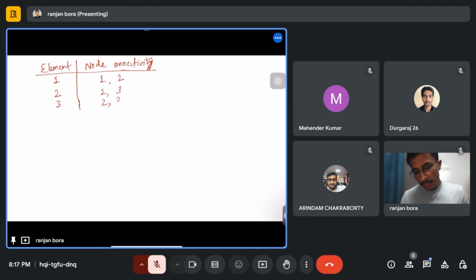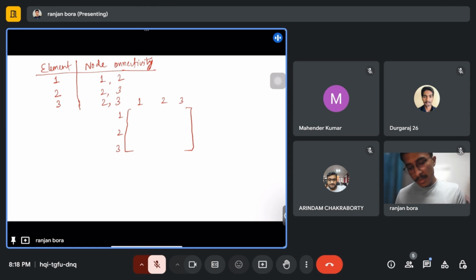So now we need to do the 3 by 3 stiffness matrix. We know that in a 3 by 3 matrix, there will be 3 rows and 3 columns. So we can number first row, second row, third row, first column, second column, third column.